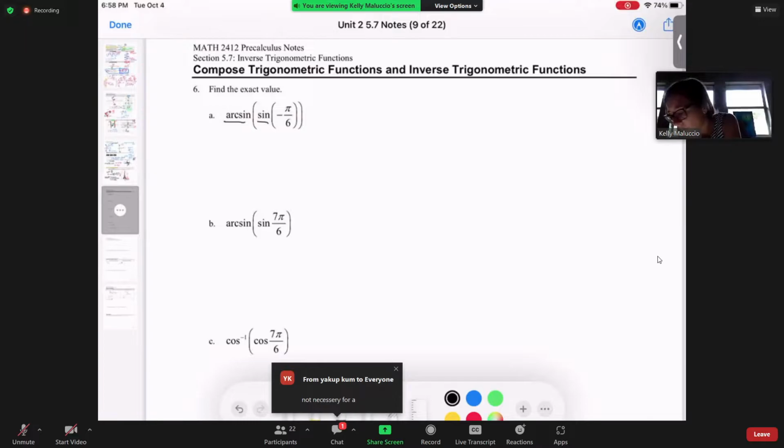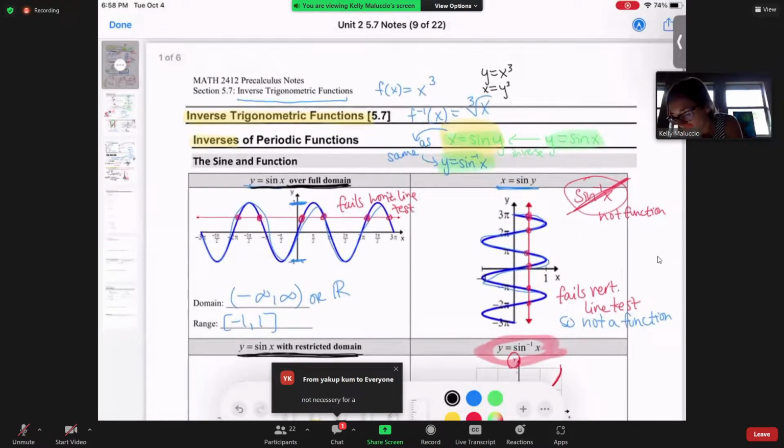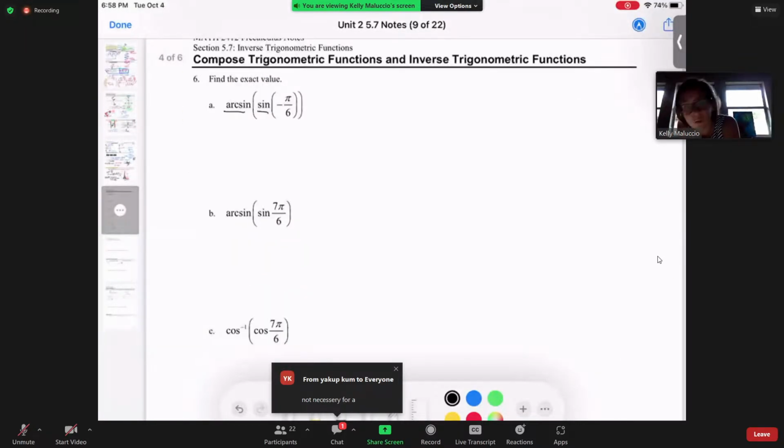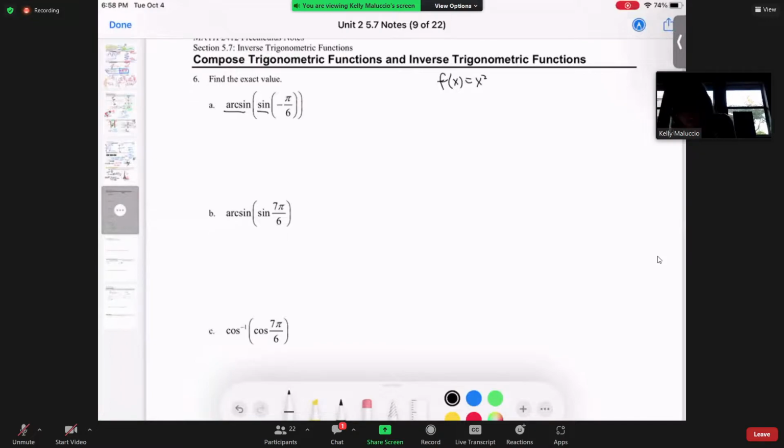Think about when you have f of x equals x squared, and let's say you're only doing 0 to infinity, so just part of it. Then f inverse of x is square root of x.